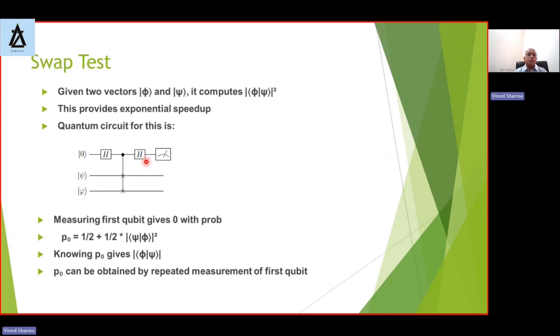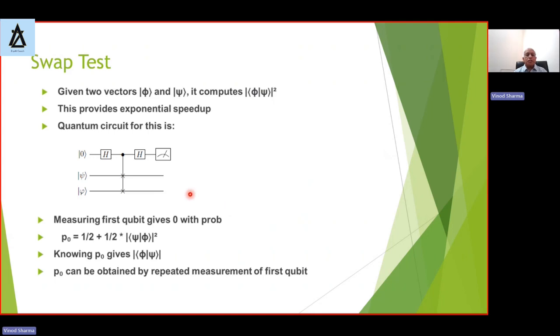Remember, this is the Hadamard gate, and this is phi and psi, the two vectors, and this was the swap. And here you feed in 0. Using this circuit, you measure the first qubit, and its output is either going to be 0 or 1, giving these two values.